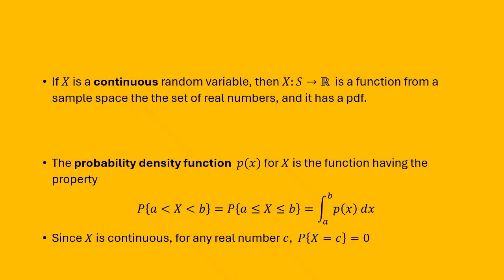Well, the probability that x equals 2, that the dart lands precisely at a distance of 2 inches, not 2.01, not 2.0001 or something like that, just precisely 2, that probability would be 0.